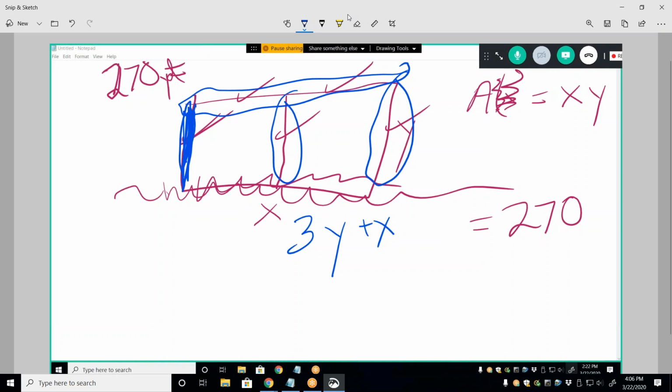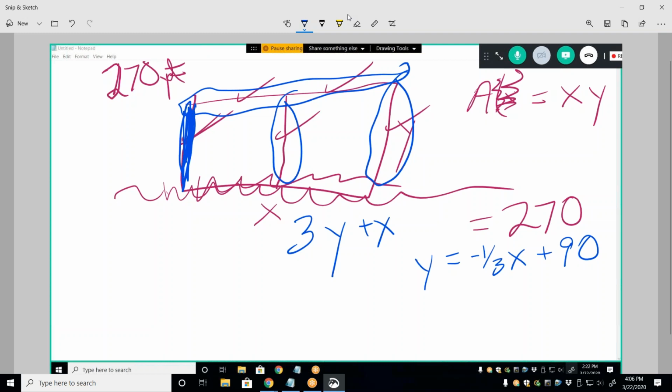So if I solve this, I get y equals minus 1/3 x plus 90. You see how I got that? Move the x over, divide both sides by 3.